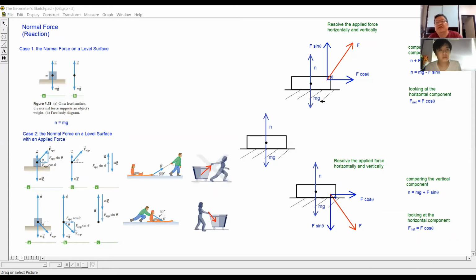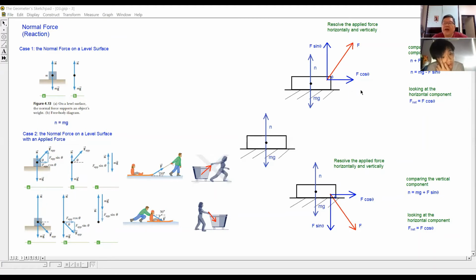It's still mg, right? So let's say the force is acting at an angle of theta with the floor. So I'm going to replace this red color force with two components. The two components are F sine theta, which is the vertical component, and F cos theta, which is the horizontal component.